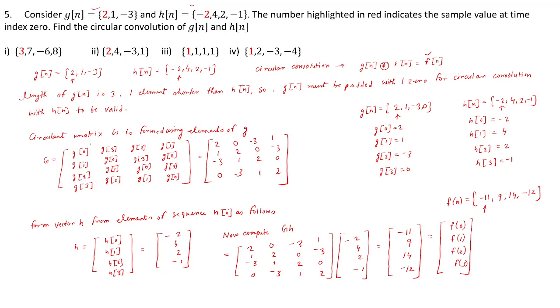Important thing to note here: we have formed the circulant matrix G using the elements of sequence g, and we take the product with the vector whose elements are taken from the sequence h.